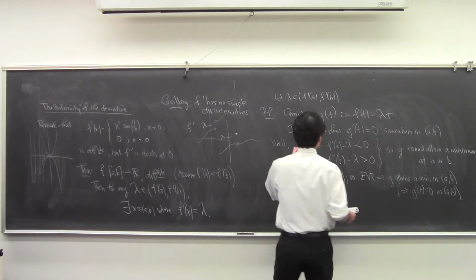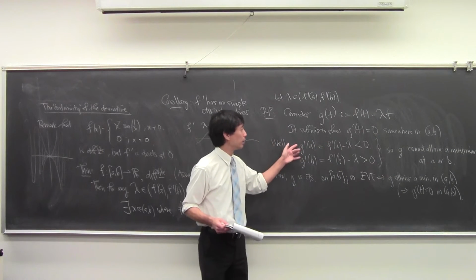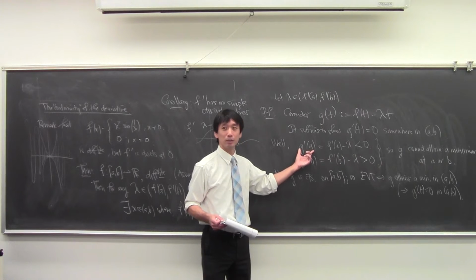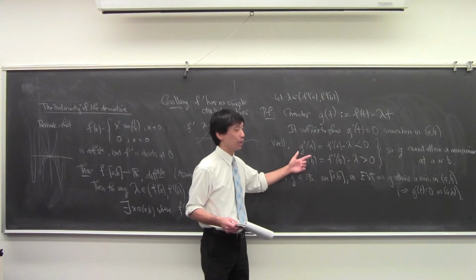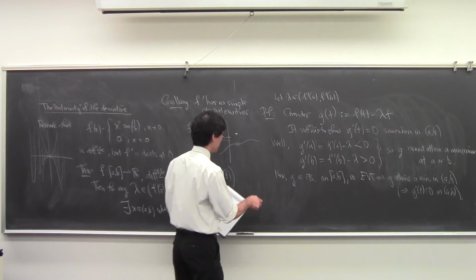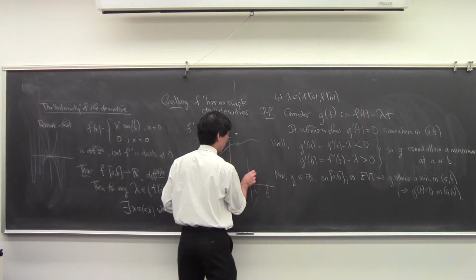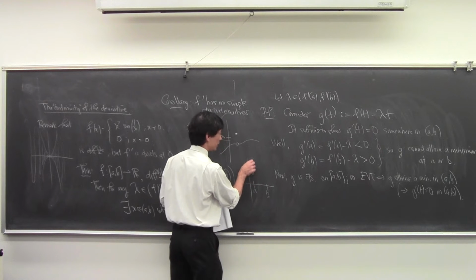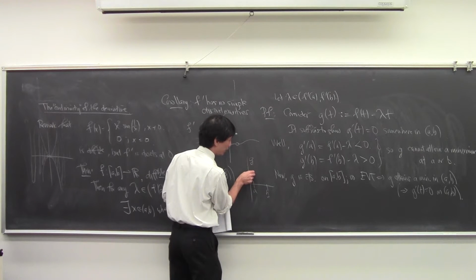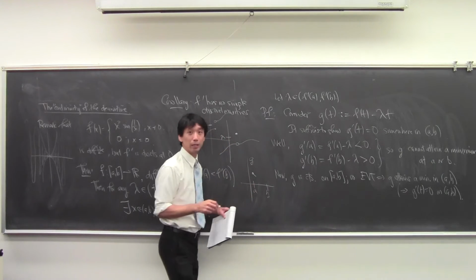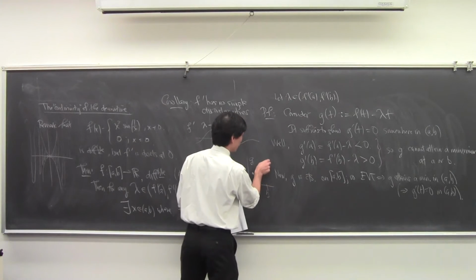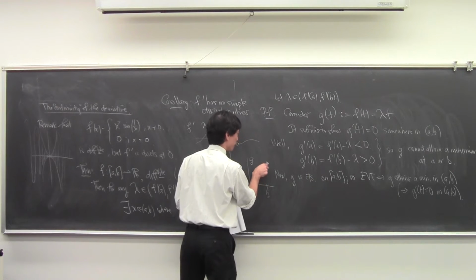Okay, is everybody okay with this, that g prime at a is negative, right? So the slope, what is it saying at a, b? It's saying that if we look at the graph of g, the slope here is negative, and at b the slope is positive.